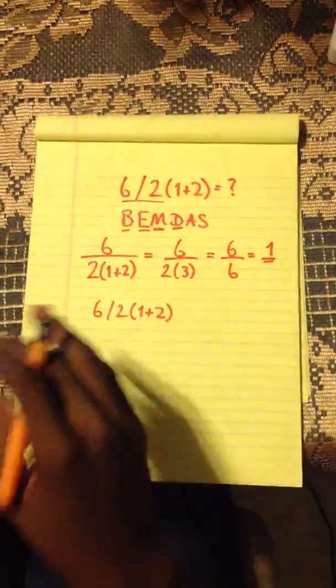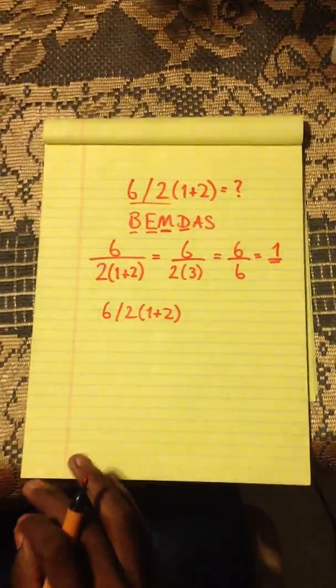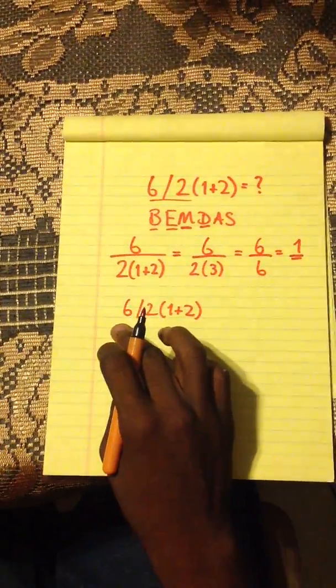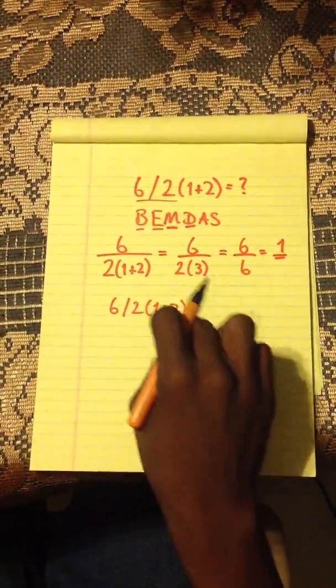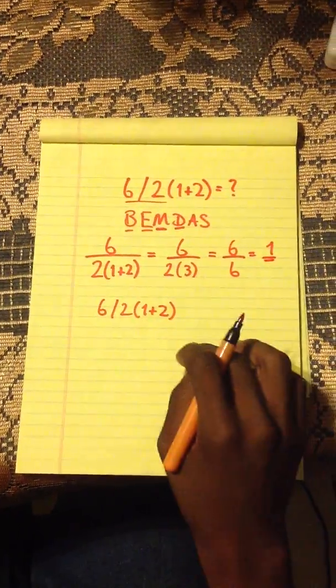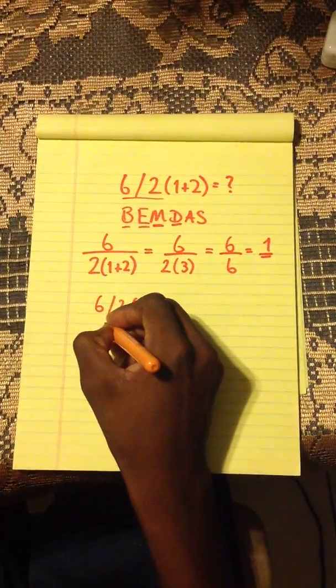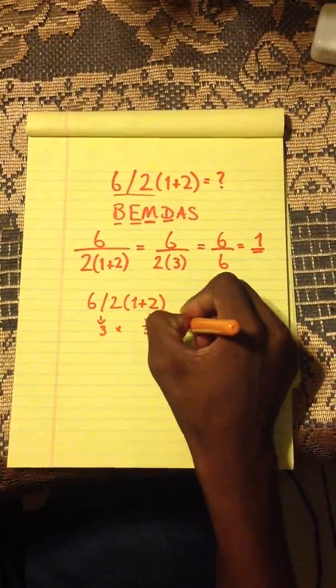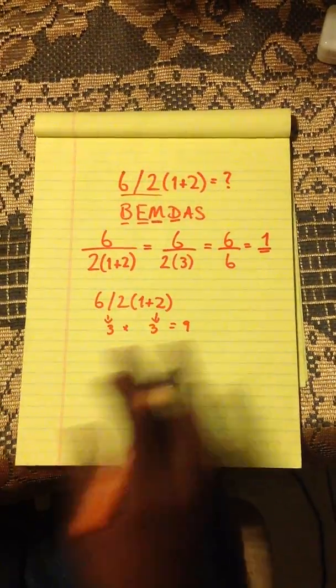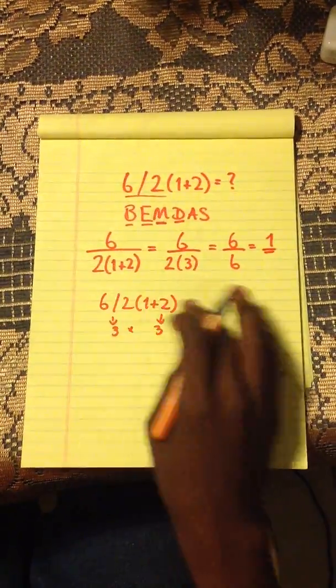So whatever it sees from left to right, that's what it works out. Therefore, your calculator would first divide 6 by 2 and then multiply by the bracket, which is 1 + 2, which would give you 3 times 3, and you get 9. However, you cannot enter this equation into a calculator like this.